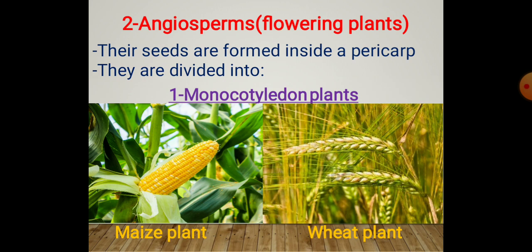And about number two, angiosperms, the flowering plants. Their seeds are formed inside a pericarp and they are divided into two types. Number one, monocotyledons, such as maize plant and wheat plant.